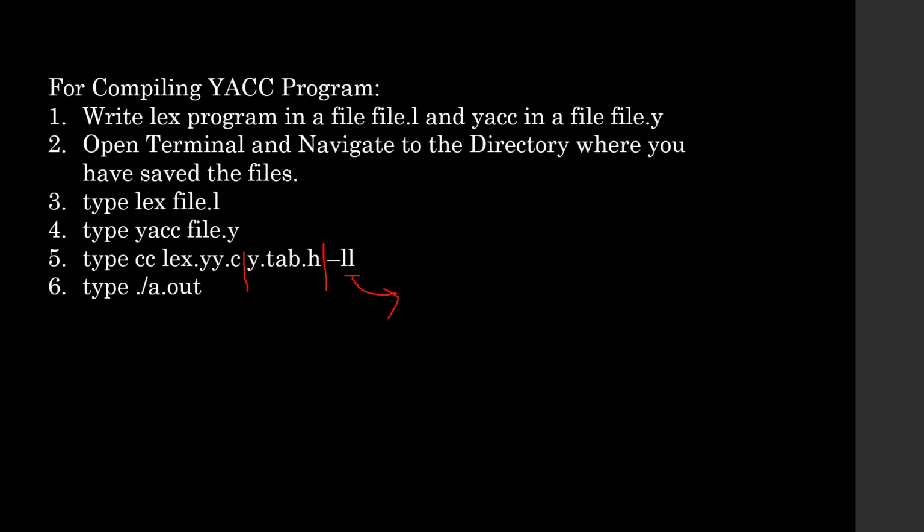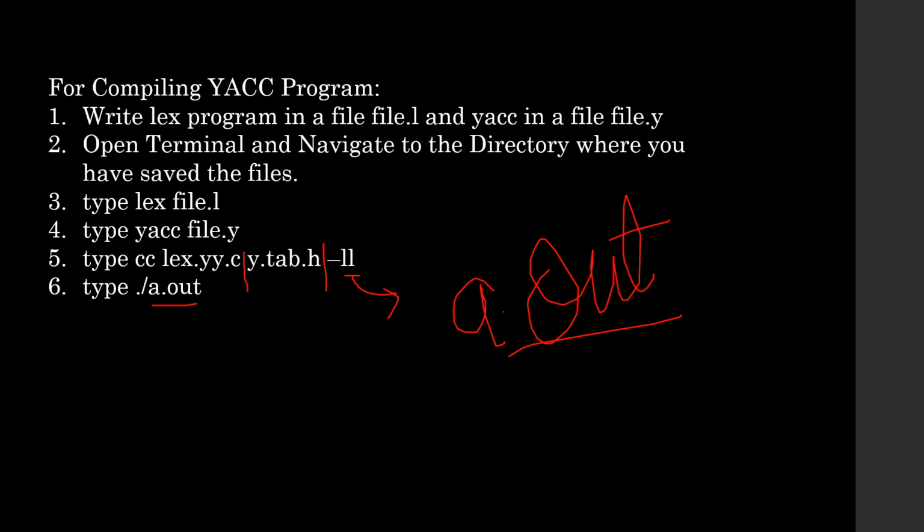And then the output file is obtained by the command a.out. So the output is obtained but it's invisible. Hence to make it visible we type ./a.out, and after typing this we can open the output obtained. Thank you.